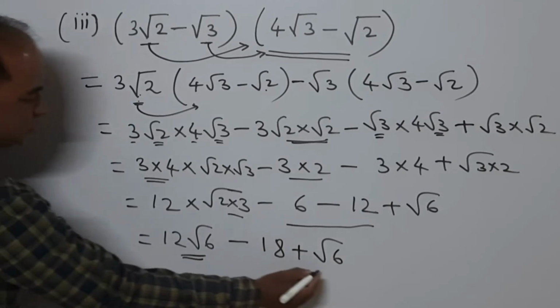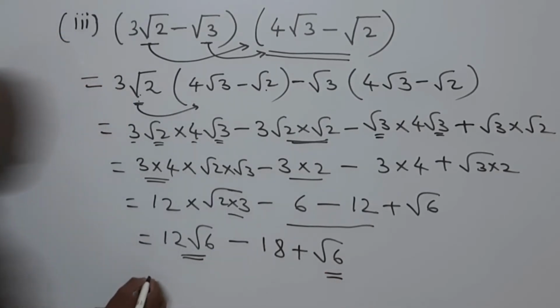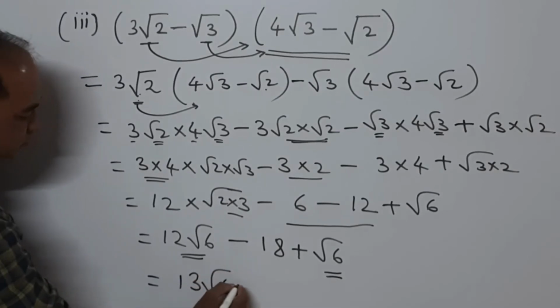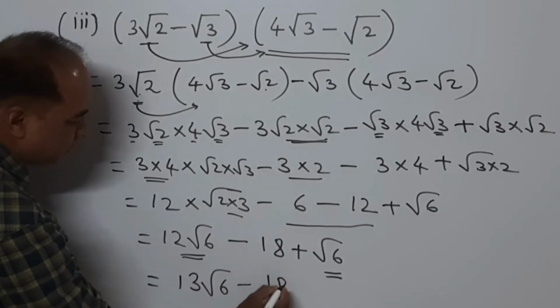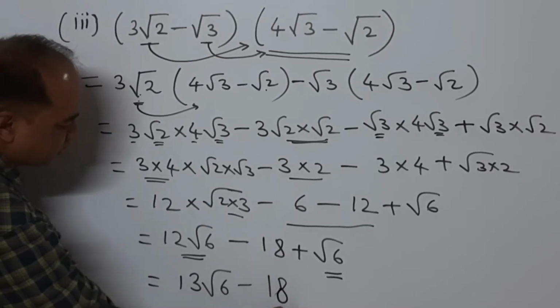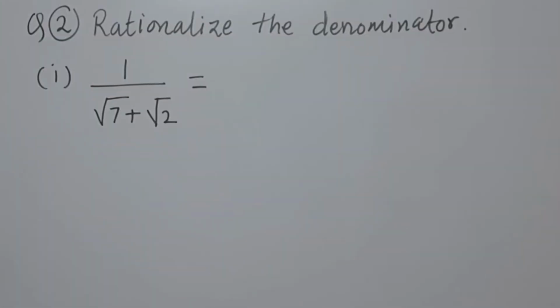Now 12 root 6 plus 1 root 6 is equal to 13 root 6 minus 18. 13 root 6 minus 18 is the answer.